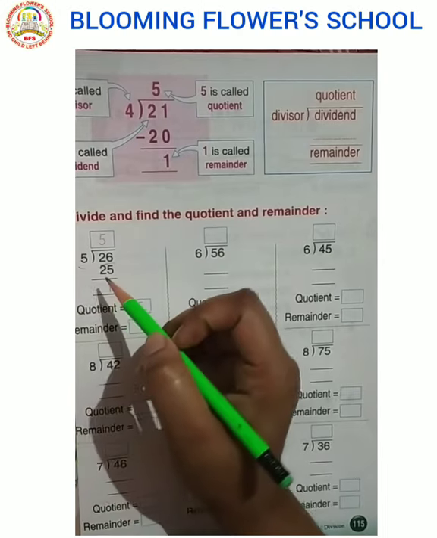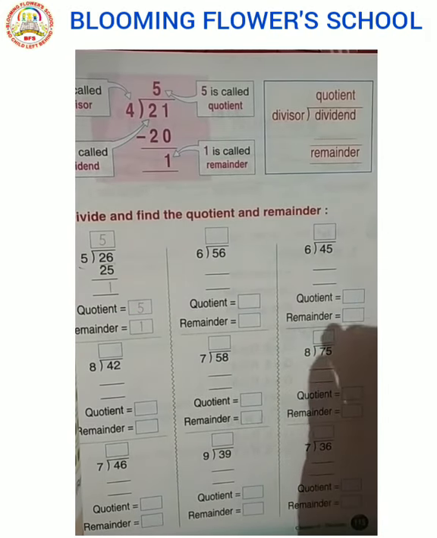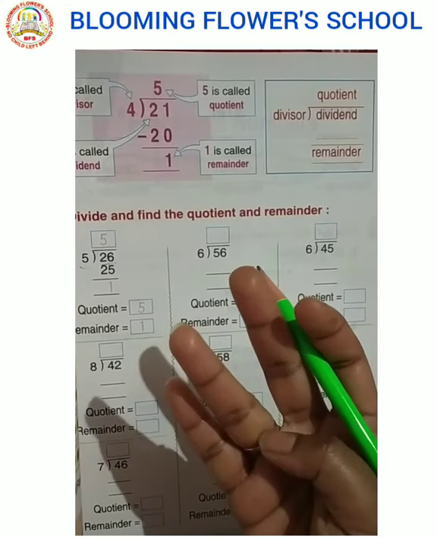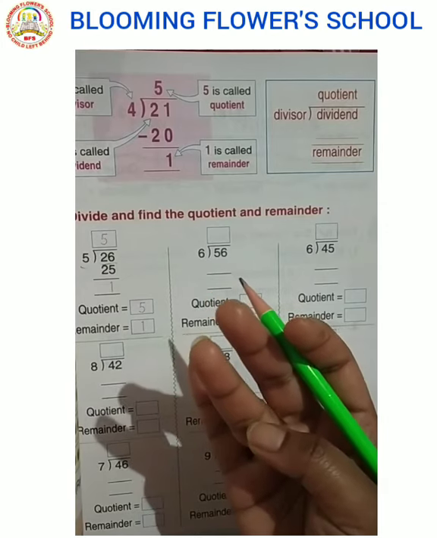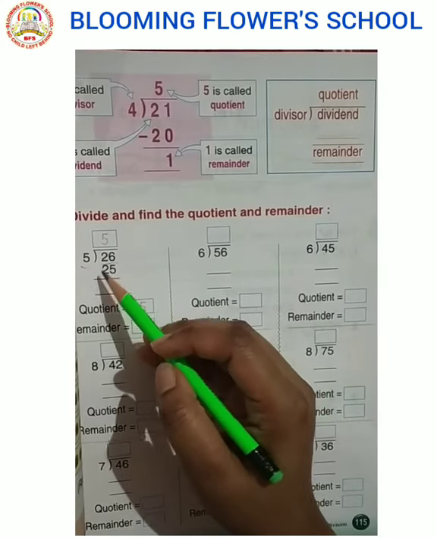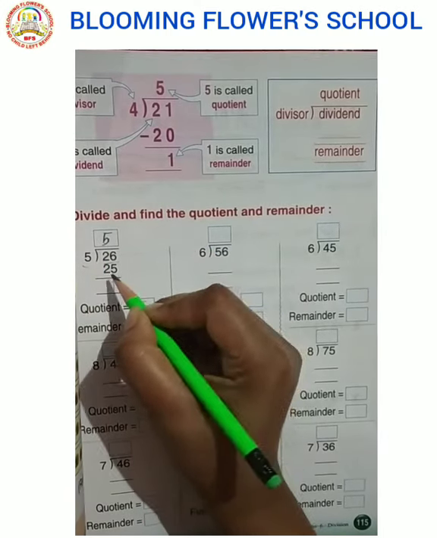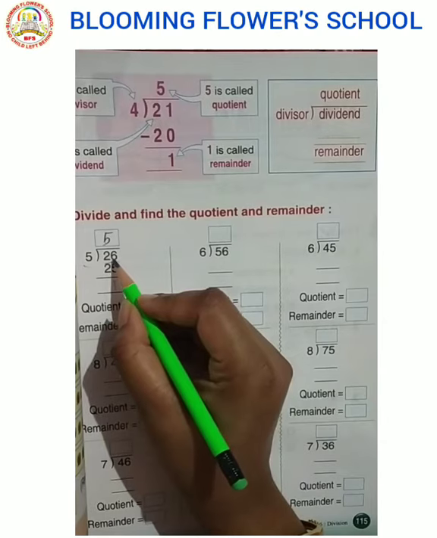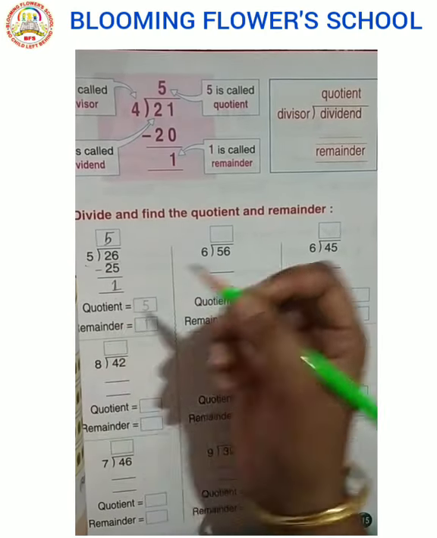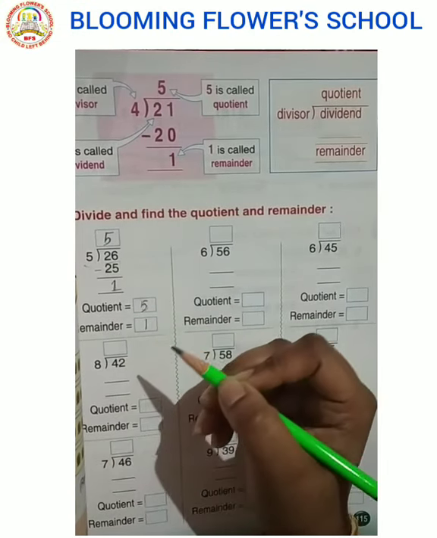Now go through the 5 table, children: 5 ones are 5, 5 twos are 10, 5 threes are 15, 5 fours are 20, 5 fives are 25, 5 sixes are 30. So 30 is more than 26. For that reason they are going with 5 fives are 25. So they subtract 25 from 26 and the answer they get is 1. So the quotient is 5 and the remainder is 1.